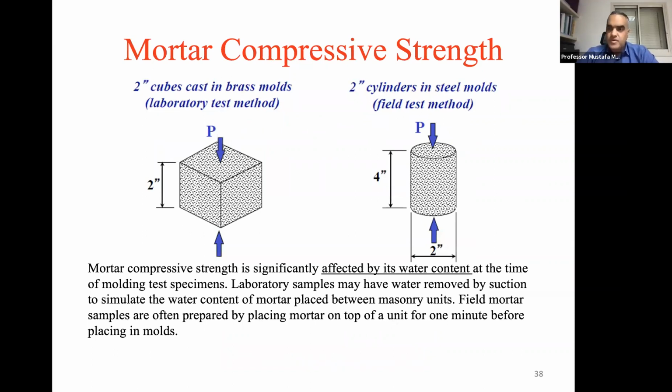Those tests could be done in the field, preparing cubes or cylinders, like 2-inch cubes or 2-inch cylinders, and then those need to be tested. These are the dimensions that are required for that.